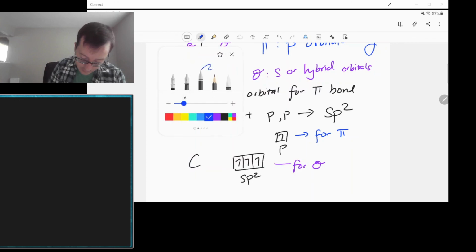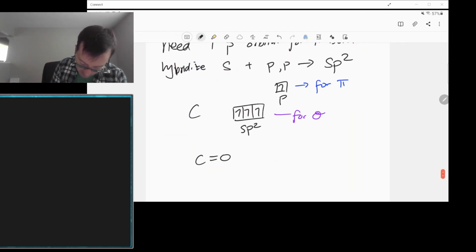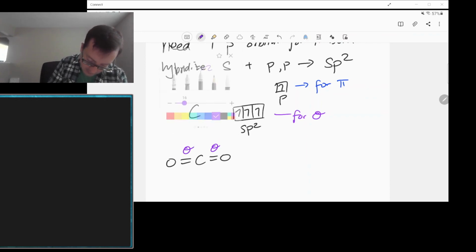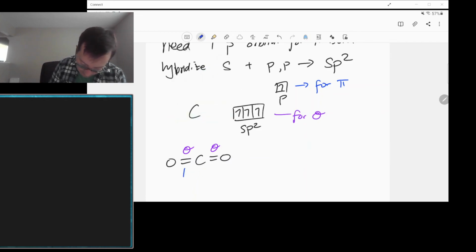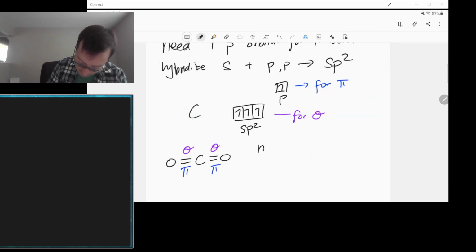And we're going to see that if we have 2 double bonds, don't worry, again, I'm going to show you an easy way to figure this out. We have a sigma bond in each one, and we have a pi bond in each one. So we need 2 p orbitals.